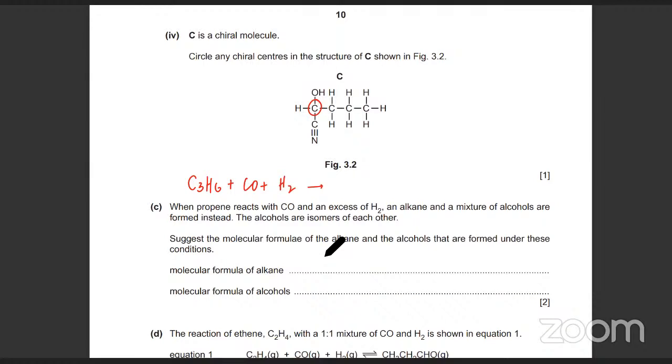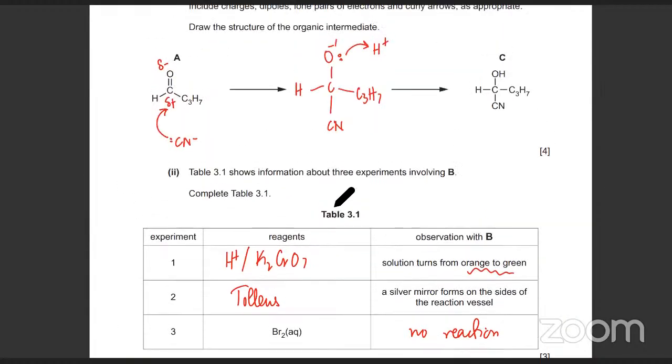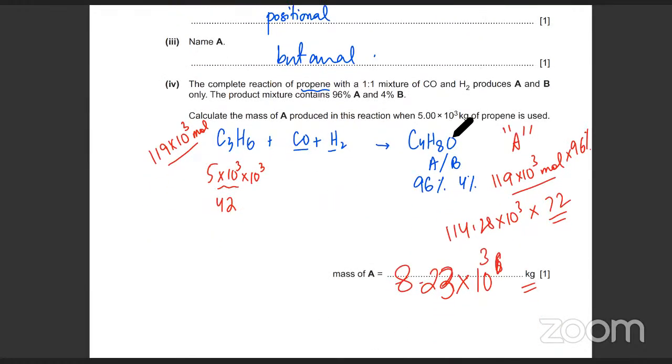So he's saying that, पिछली वाली equation के साथ ही कर लेते हैं. Where's the previous equation? So I'm assuming, I think he's still talking about 1:1. So the only difference is he's saying that an alkane and a mixture of alcohols are produced.